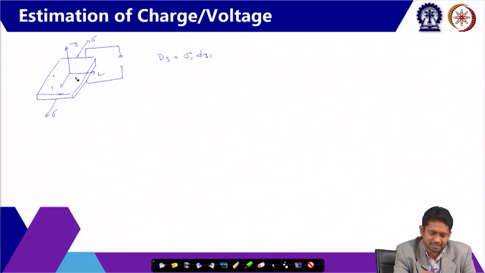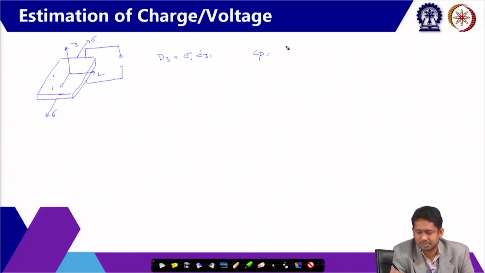If I find the capacitance across the thickness, treating this as a parallel plate capacitor, where this surface and the opposite surface are my parallel plates, we get the expression for the capacitance as we just derived: epsilon 33 sigma Bc Lc by Tc.